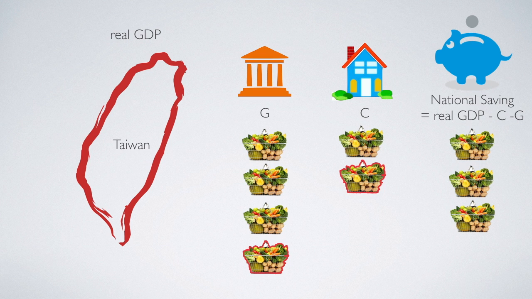But by how much? We know that for a temporary government purchase increase, it will decrease, but only maybe half a basket, which means that the other half basket would offset the drop of national saving, but national saving is still less than before, less than 4 baskets. So national saving still decreased. This is when government purchase increase is temporary.